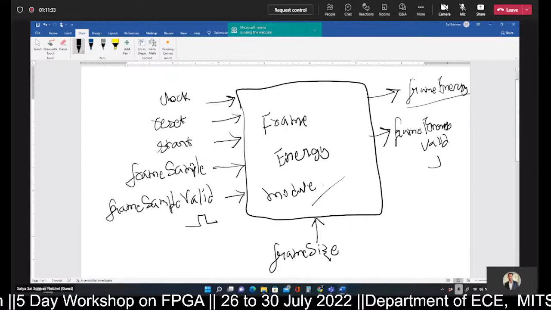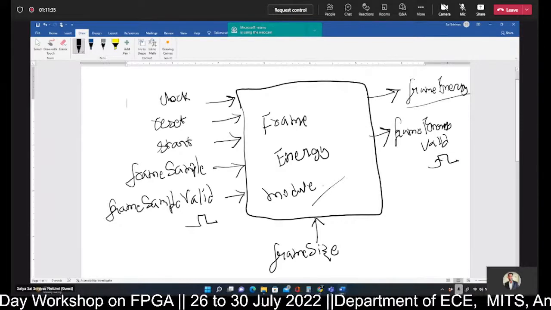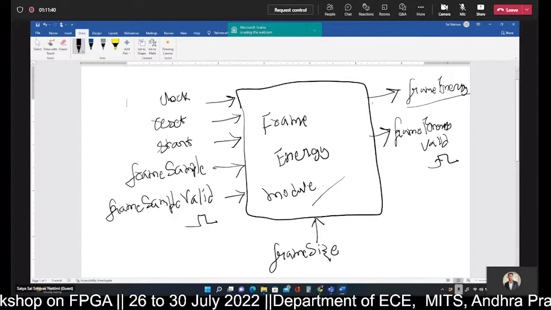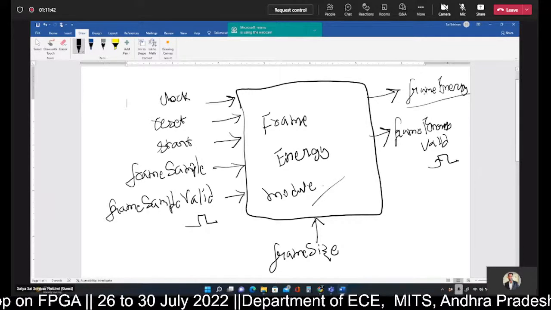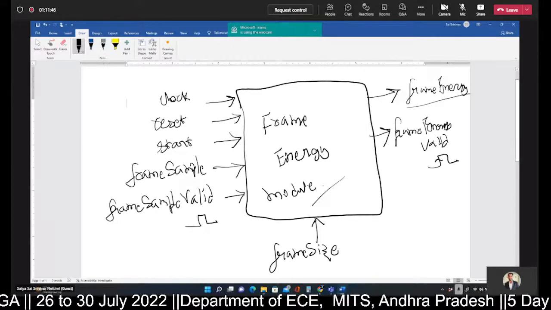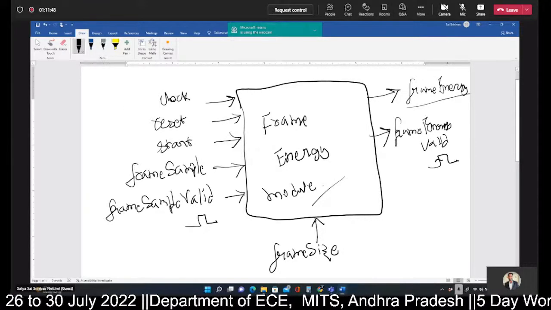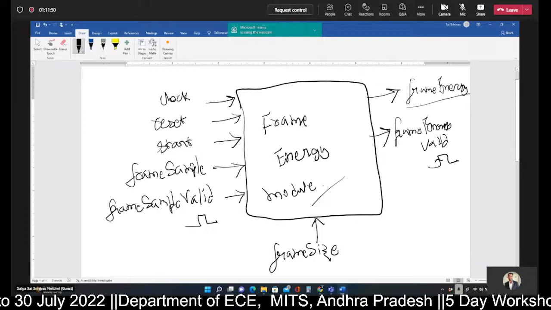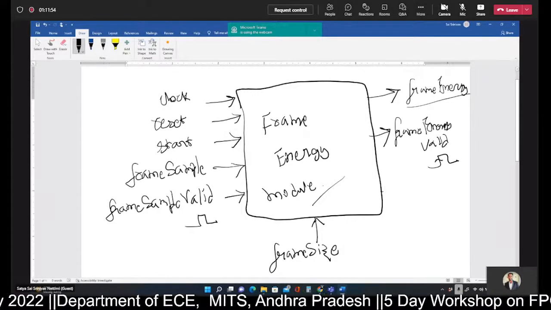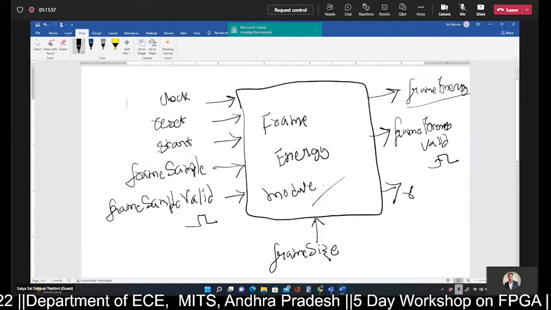Whenever this valid signal goes high for at least one clock cycle, then we assume that the data coming on the frame energy bus is a valid frame energy value computed by our frame energy module.